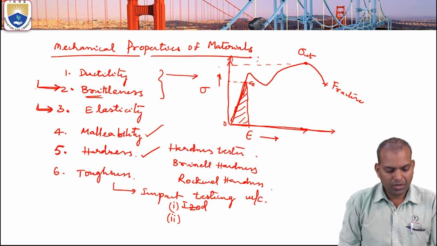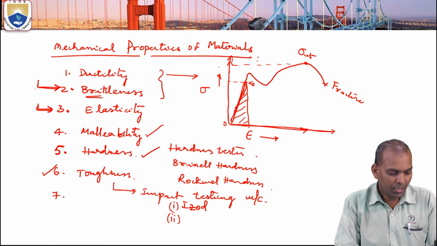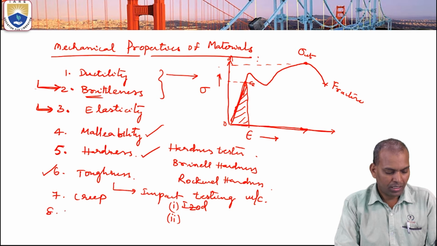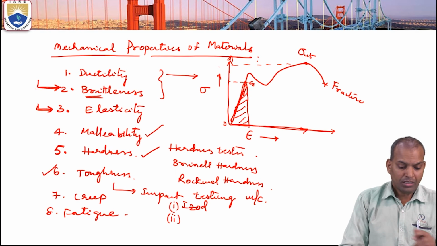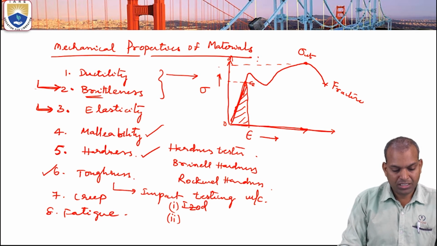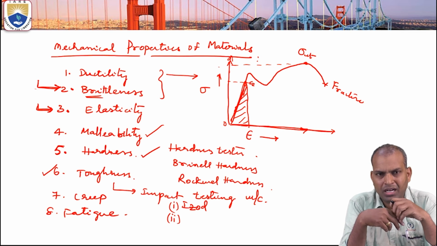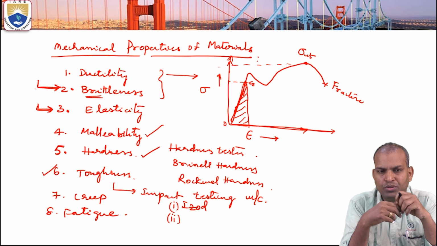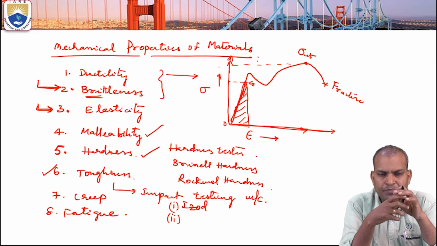So toughness is a property of the material, and another property of the material is creep. Another one is fatigue. These are all various properties of materials. Fatigue is under cyclic loads. When the body is subjected to cyclic loads, it should withstand that load.